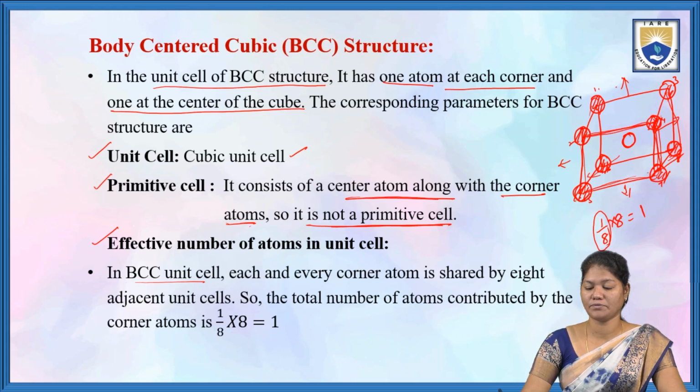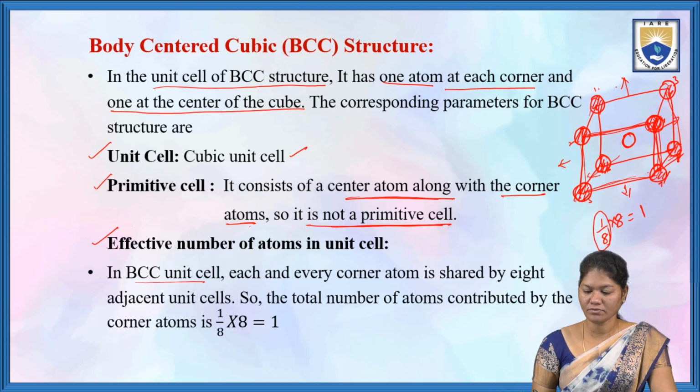These 8 atoms at the corners are shared with the adjacent unit cells' corner atoms. So each corner atom is divided into 8.